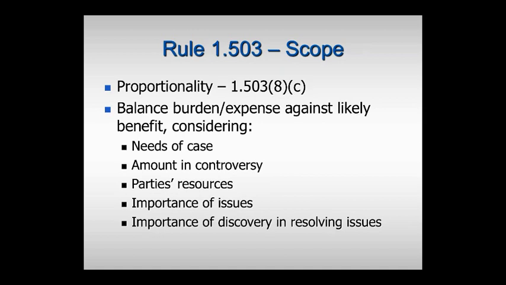In other words, the rule requires you to balance the burden and expense of responding to discovery against the likely benefit, considering these 5 factors. In other words, if it's a small case and it's not a complicated case, the scope of discovery should reflect that.